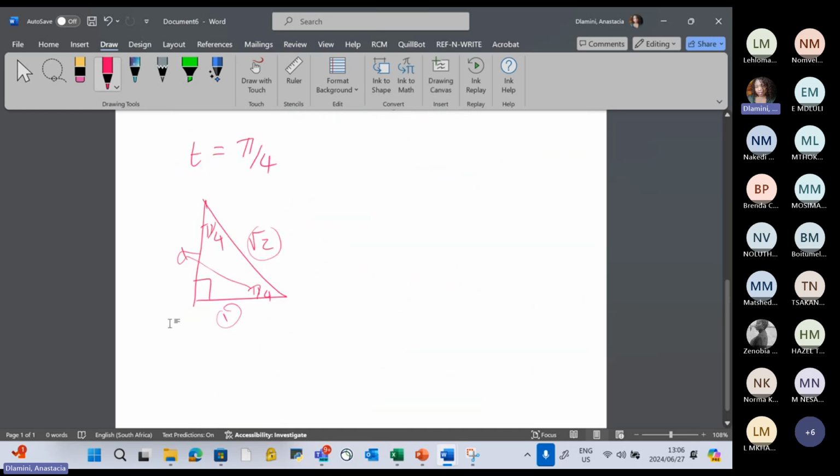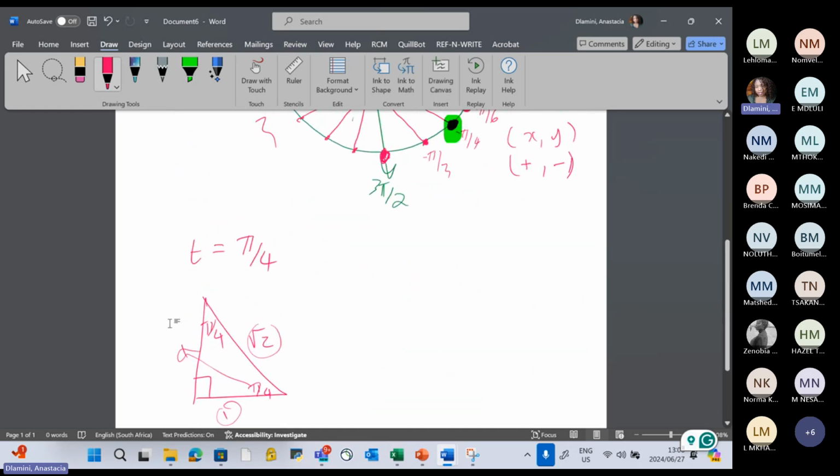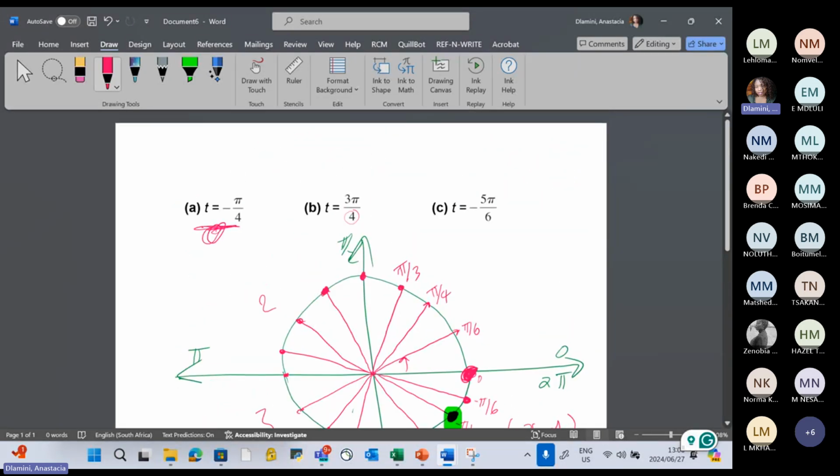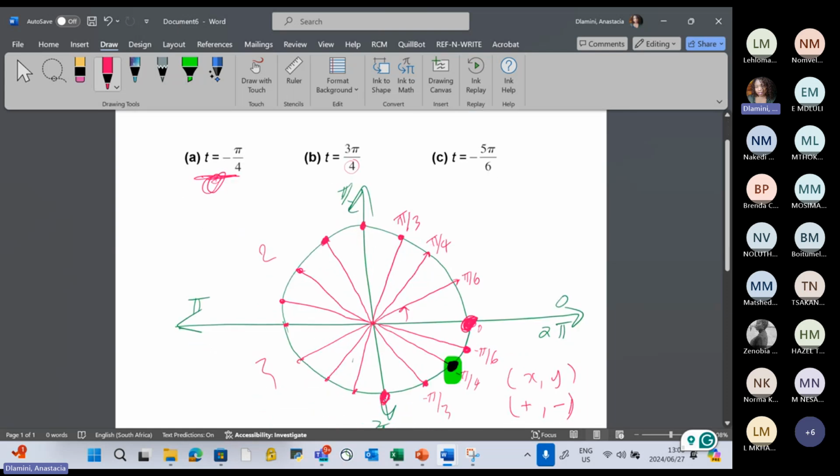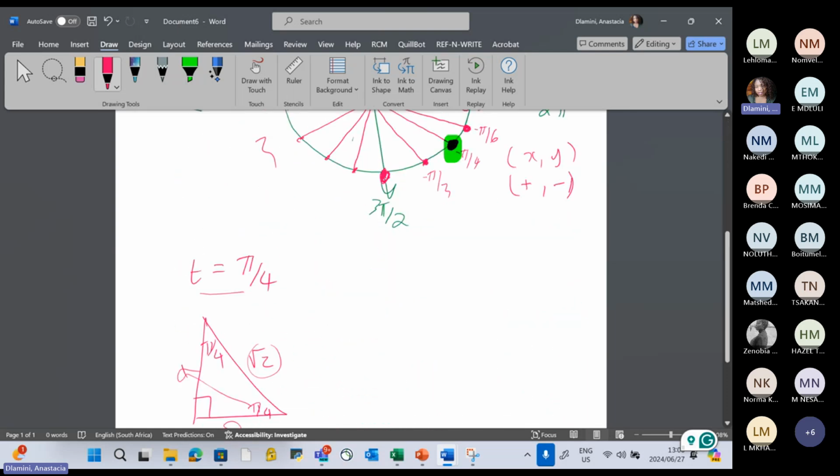I'm doing something that is in the next chapter, but it's fine. You start with t, which is pi over 4, because here you're looking for 3 pi over 4. The points will be exactly the same points as pi over 4, except for the sign. Are we together there?